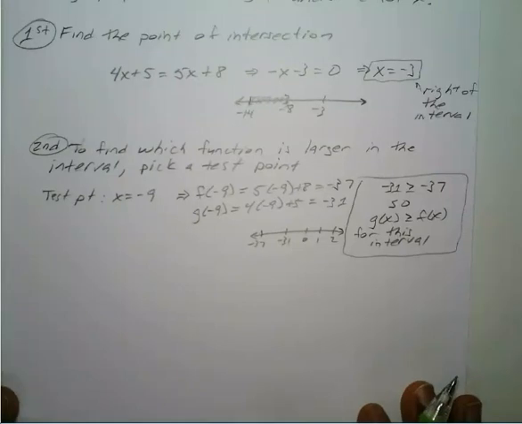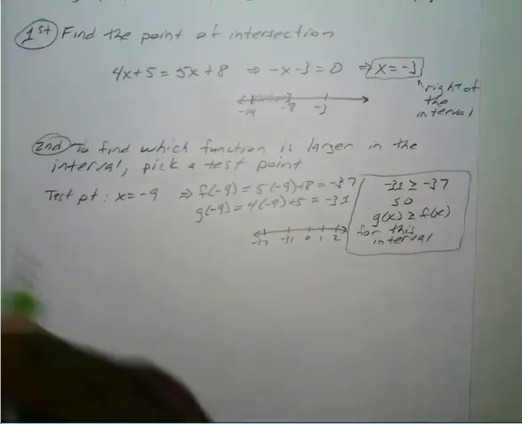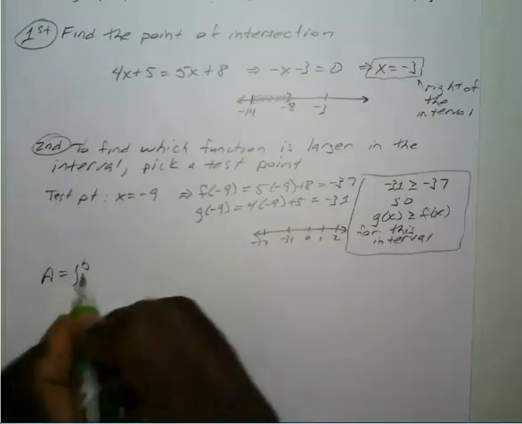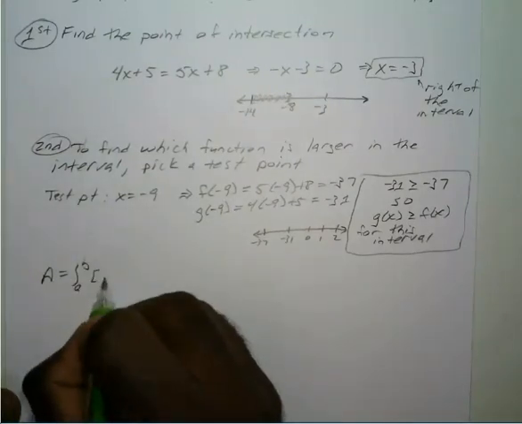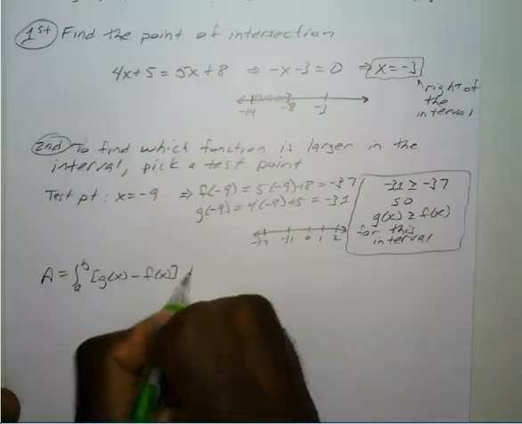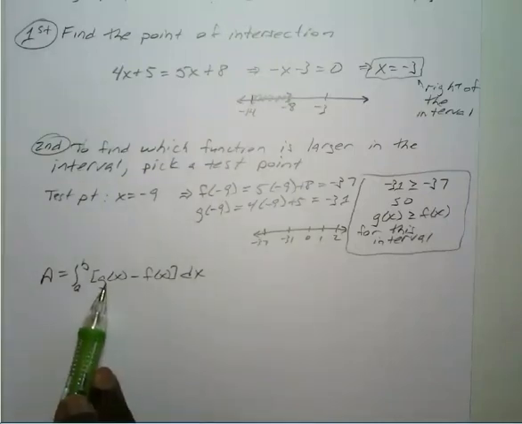All right, so since we know that g of x is greater than or equal to f of x in our interval, our area is going to equal the integral from a to b of g of x minus f of x with respect to x. Whichever function is largest in that interval goes first.